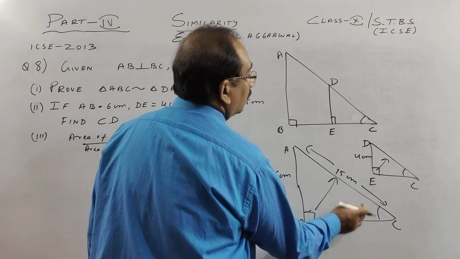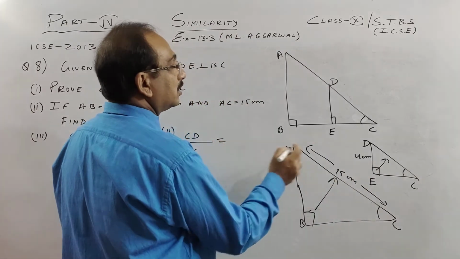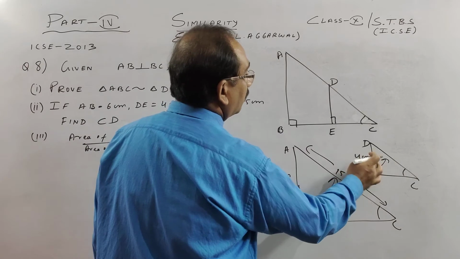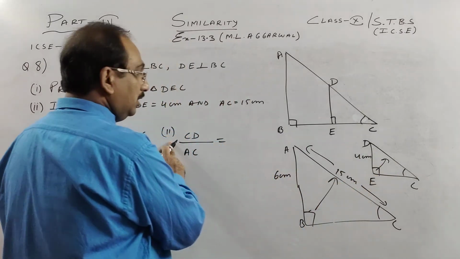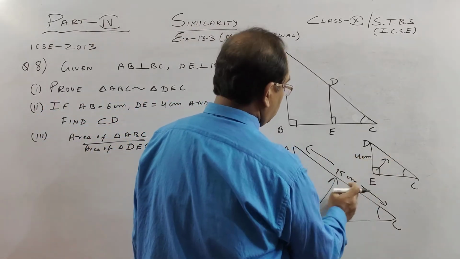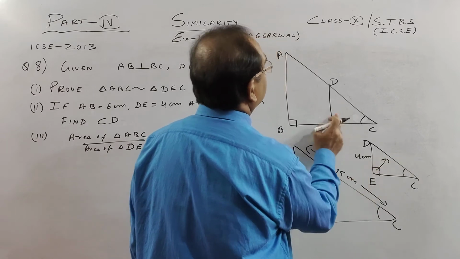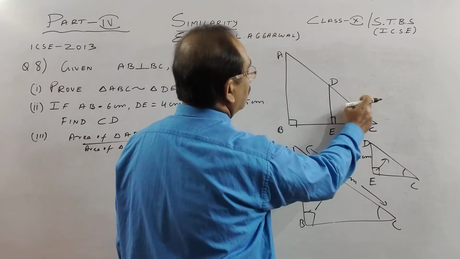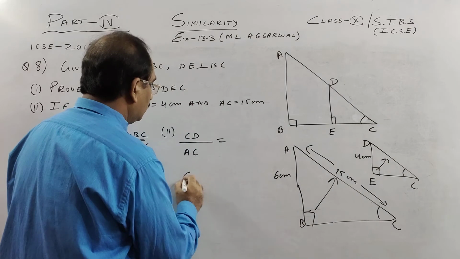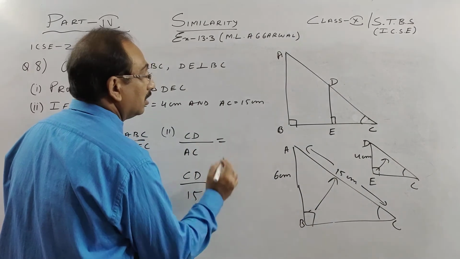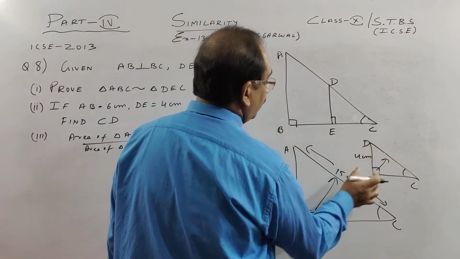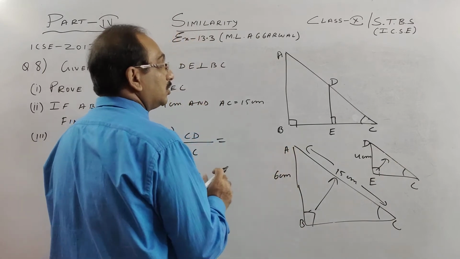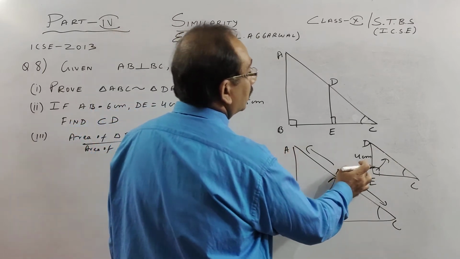They are not known. So in the small triangle, opposite to 90 degrees is CD, and opposite to 90 degrees in the big triangle is AC. So we get CD over AC, where AC is 15 and CD we have to find. Now we take the two known sides.